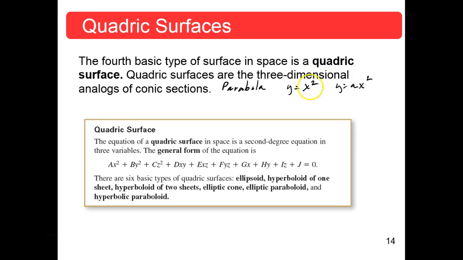You could also do something like y minus k is equal to a times x minus h, squared. That's what they call the general form of a parabola. In general, one variable is to the first power, one variable to the second power. That's a parabola. That's just the bottom line for that.